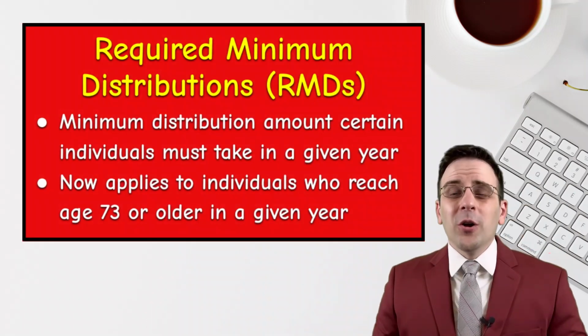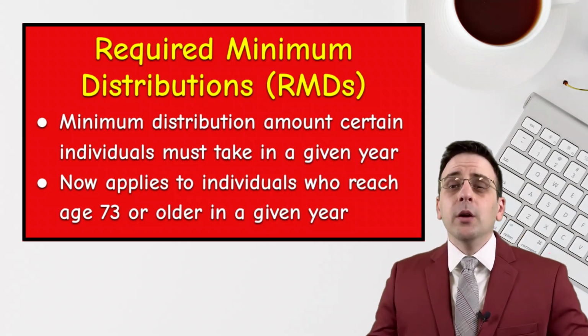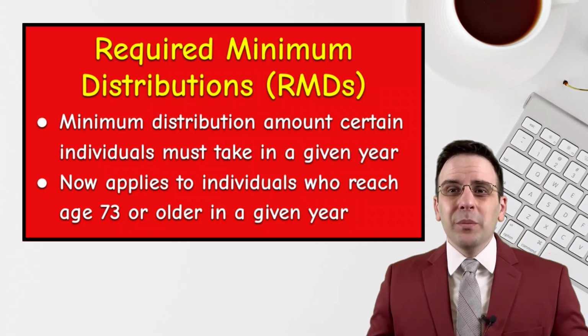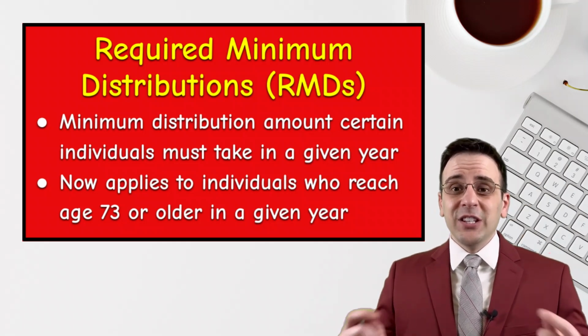The early withdrawal penalty isn't the only thing you need to be aware of in terms of withdrawals. There is also something called a required minimum distribution, or RMD. An RMD is a minimum distribution an individual must take in a given year.